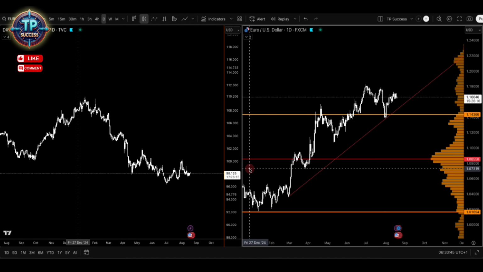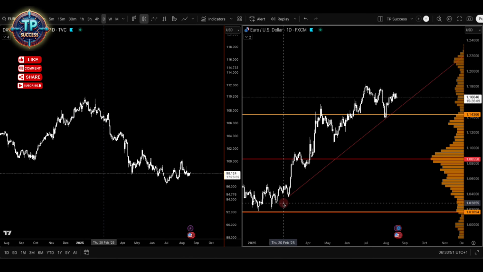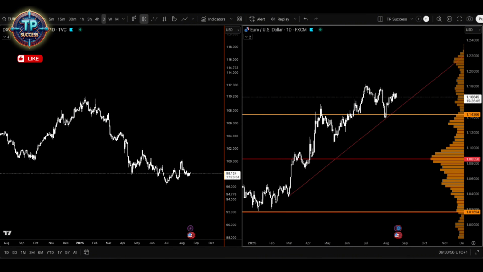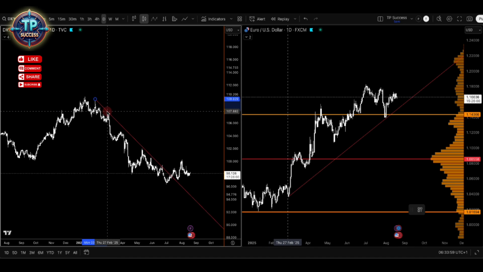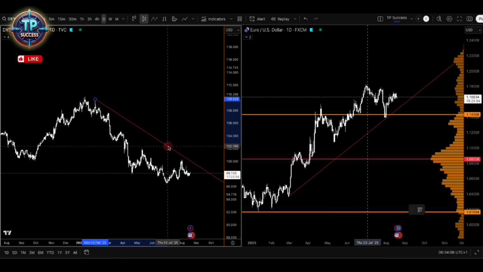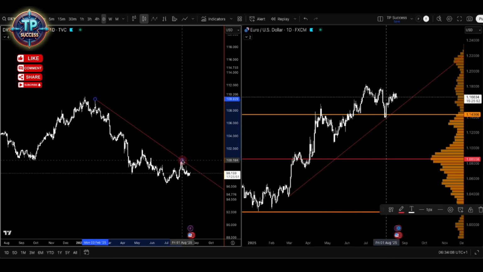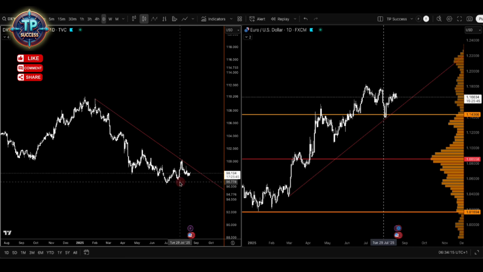So I saved the best for last, right? So just to find where it's symmetrical, I'm going to take my symmetrical levels from over here. Oh, so it worked back there. Okay. So this is what we got going on right now, right?